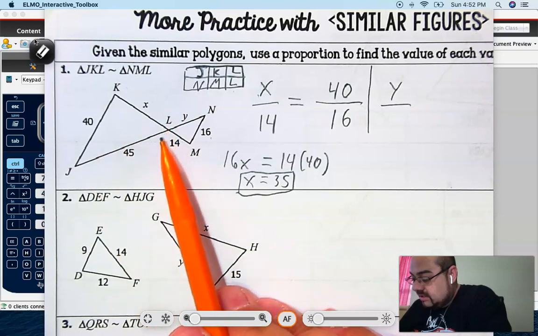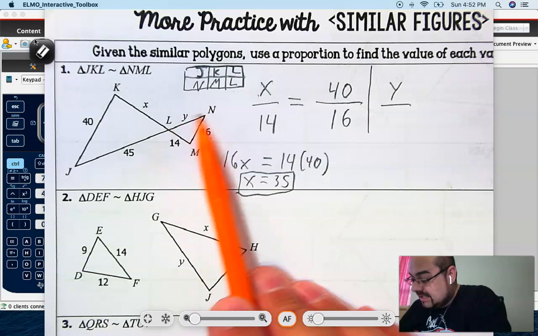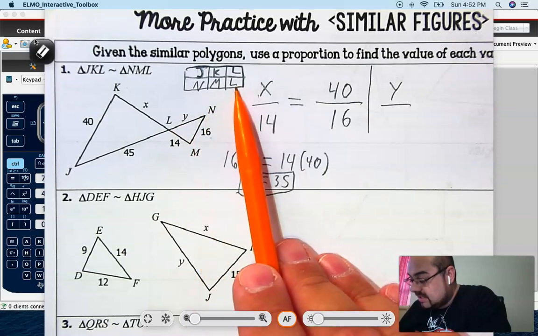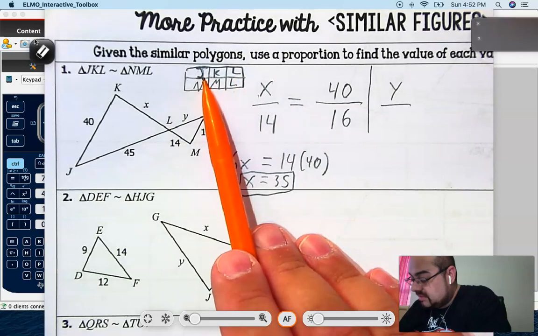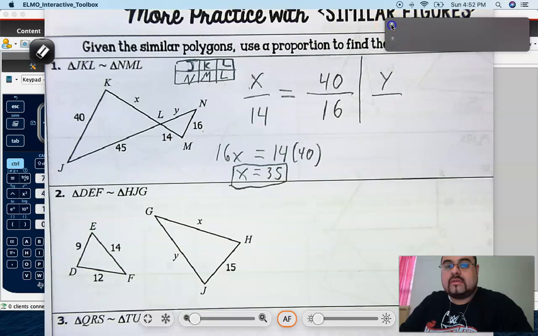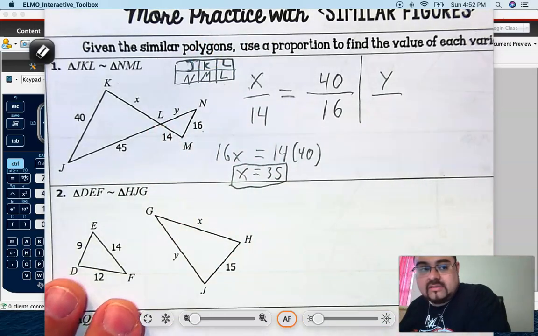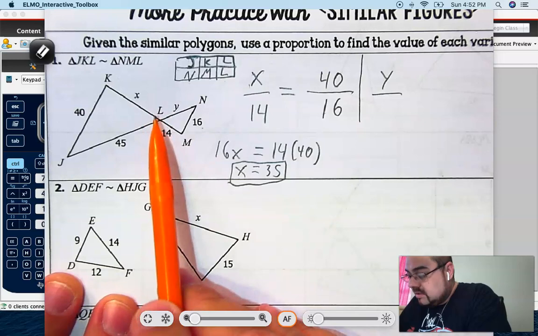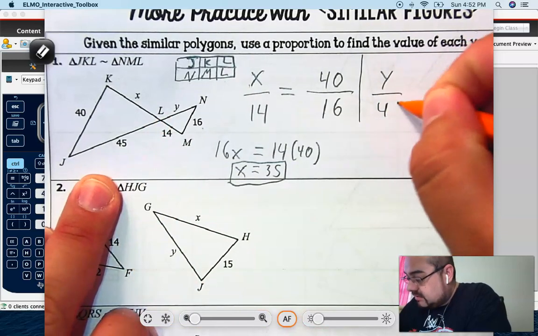So y is on the smaller triangle, y is ln. The corresponding side is going to be lj on the bigger triangle. So let's look for lj. lj is 45 on the bigger triangle, so that 45 is going to go down here.